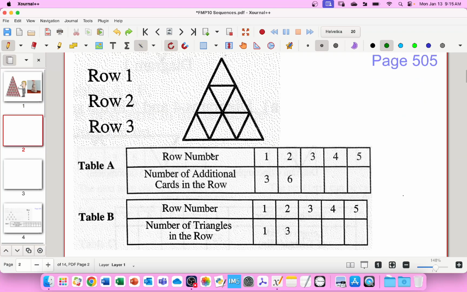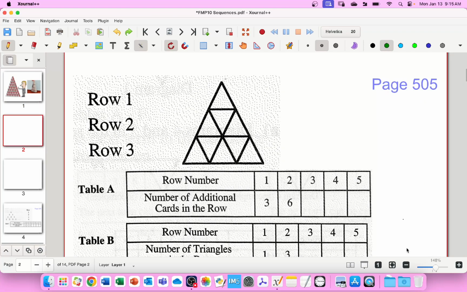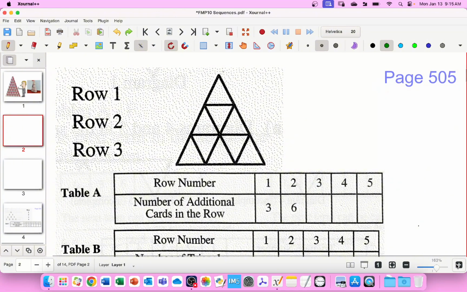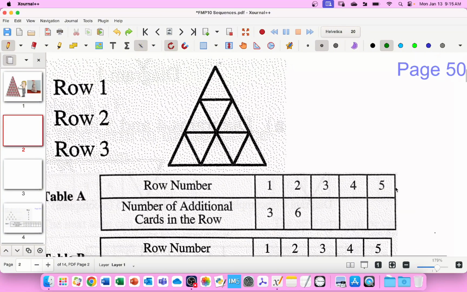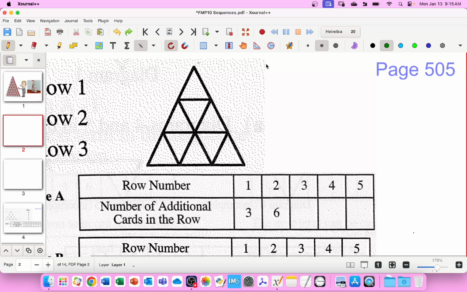So row 1, row 2, row 3. And you can imagine if you were to build a house of cards like that, it's kind of weird because you can't really build by increasing the rows on the bottom.